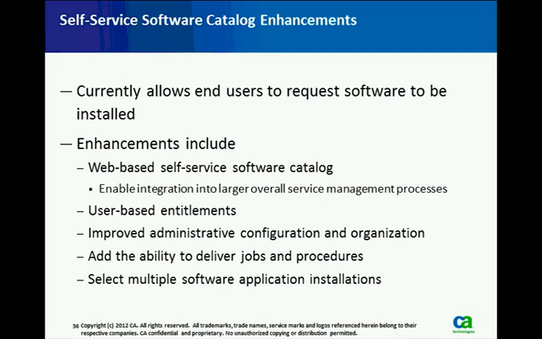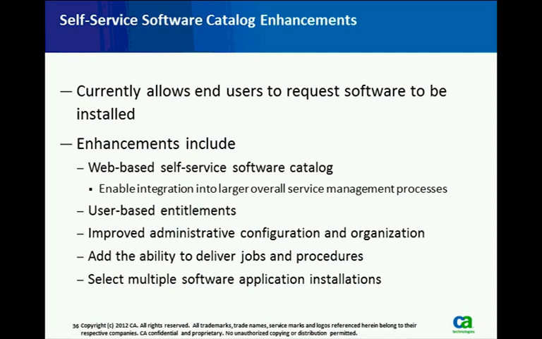You'll be able to have a category called browsers, and then they can choose either Internet Explorer or Firefox, for instance. So you'll be able to configure and organize all of that. And we're also going to add the ability to deliver jobs and procedures that you configure in ITCM. Right now, the software catalog just delivers your software library packages.